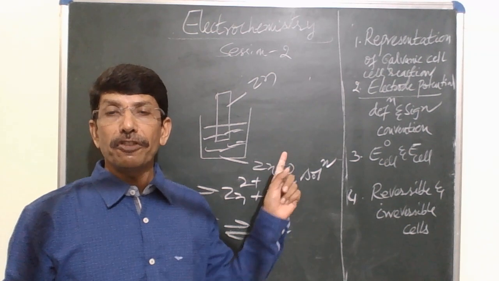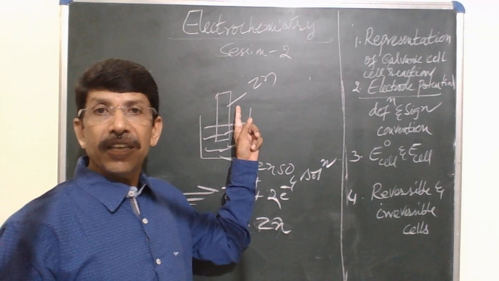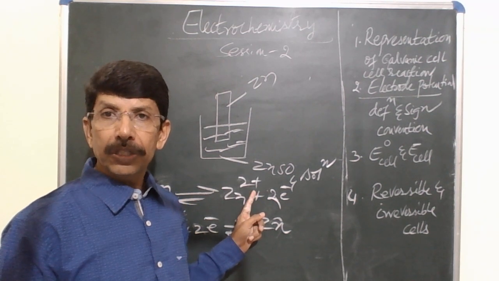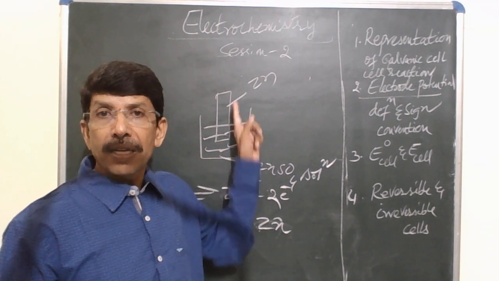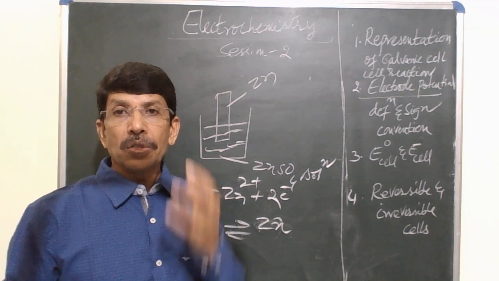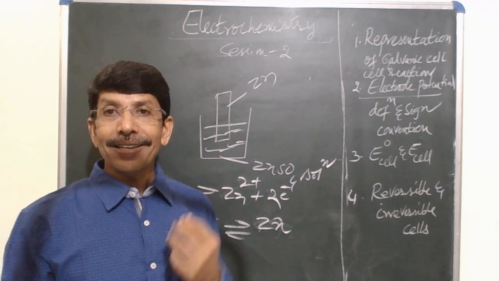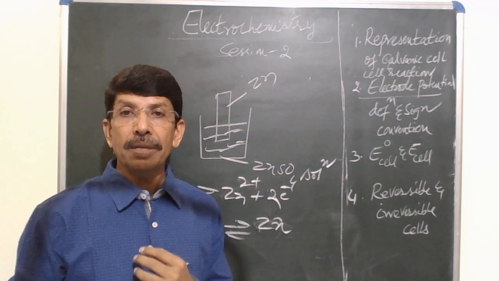When a zinc rod is dipped into zinc sulfate solution, there is a tendency of the metal to go into the solution as metal ions through oxidation, and also a tendency of the metal ions to form the metal through reduction. This tendency of the electrode to lose or gain electrons is called electrode potential.